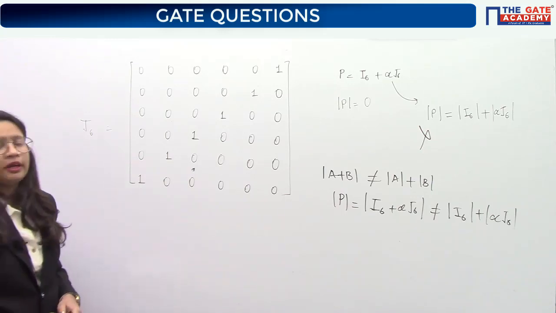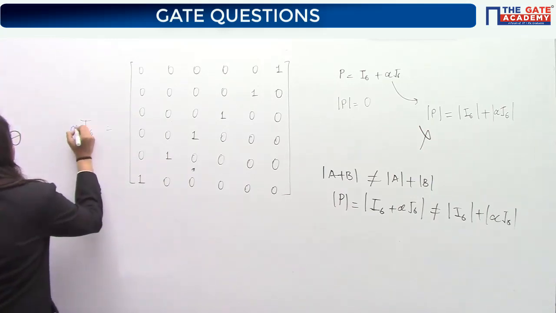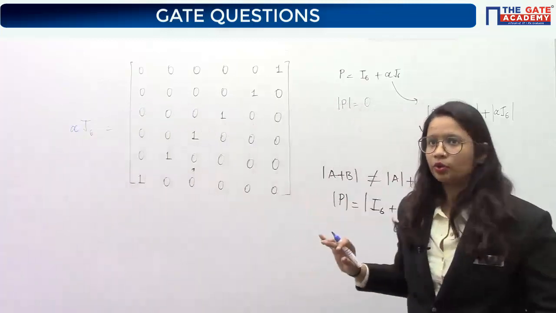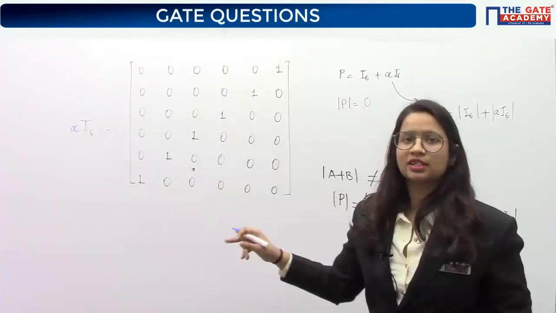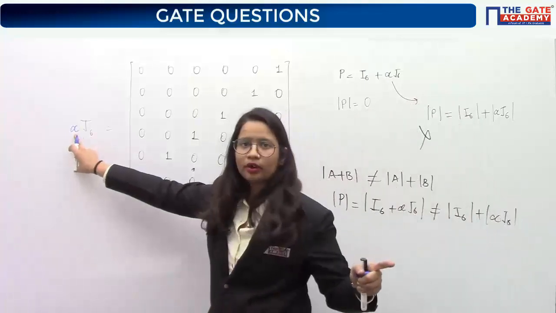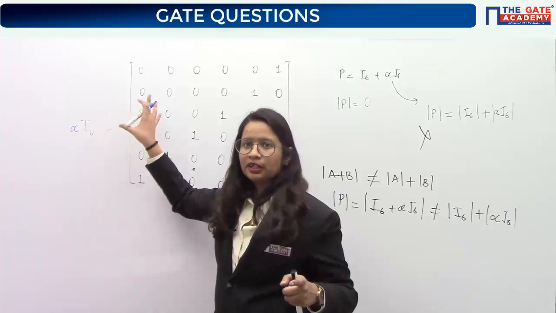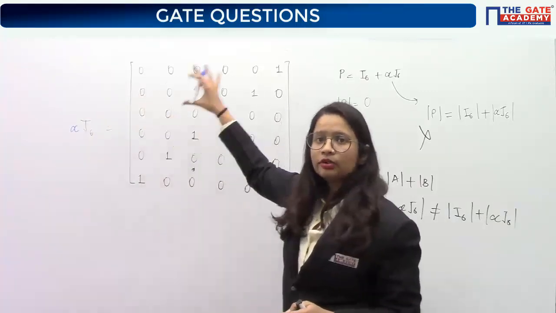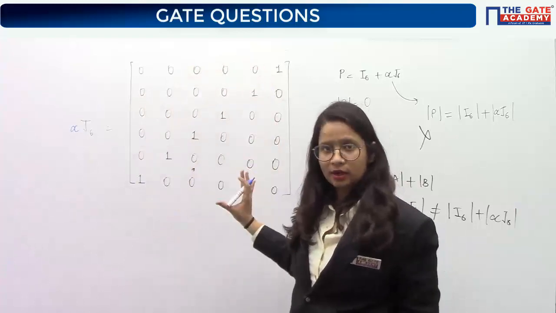Now, if I frame the matrix P, first of all, let's find out what is alpha J6. Look over the board very carefully and then write it down. Okay, so I am writing down the alpha J6 matrix. If you multiply alpha, a scalar quantity, to J6, this alpha will be multiplied to each and every element of this matrix.